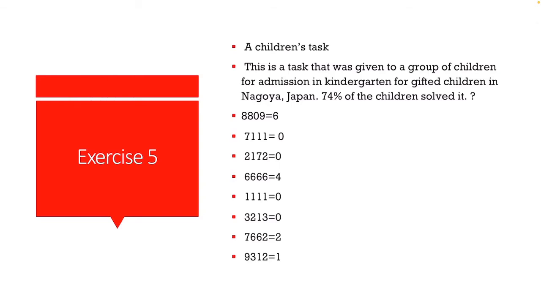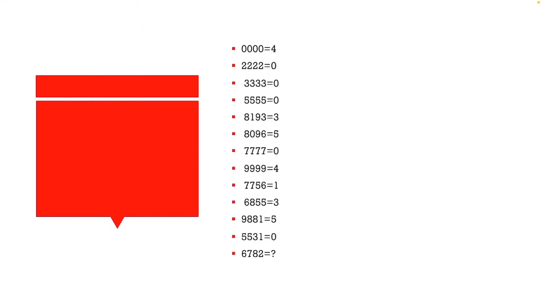Then 3333 also does not have any circles in its shape, so it is 0. So therefore 6782 is equal to 3 because it has 3 circles in it.